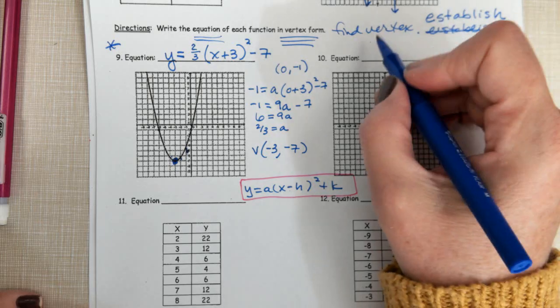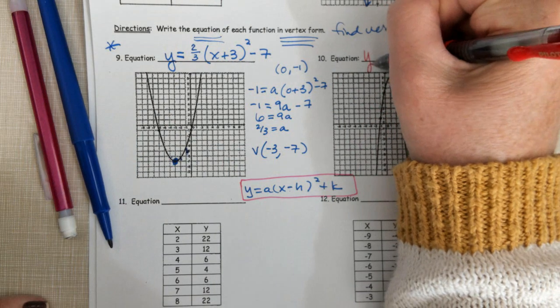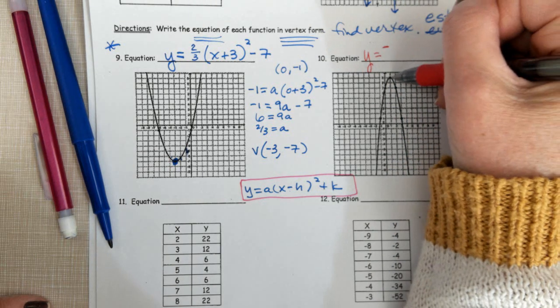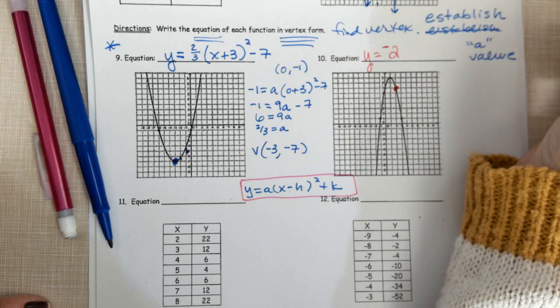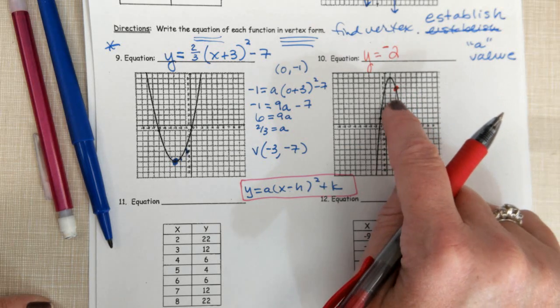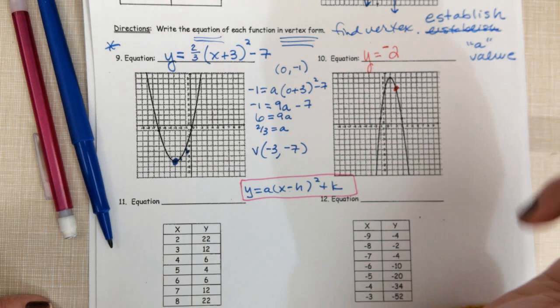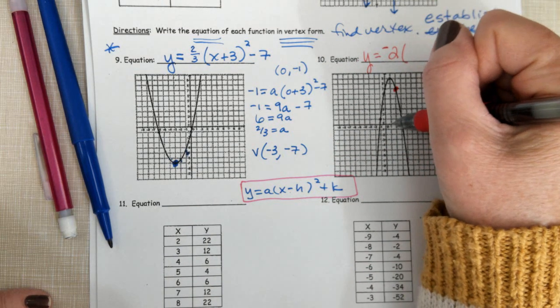Now this one opens down, so let me make a red mark here just so it pops. So y equals negative something. And this one is a little bit clearer. It goes out 1, down 2. On a quiz, I would make it clear, and I'll try to make it cute. I mean, it might be a 1/2. 2/3 was kind of a stretch. Okay, so then the vertex looks like (1, 9).